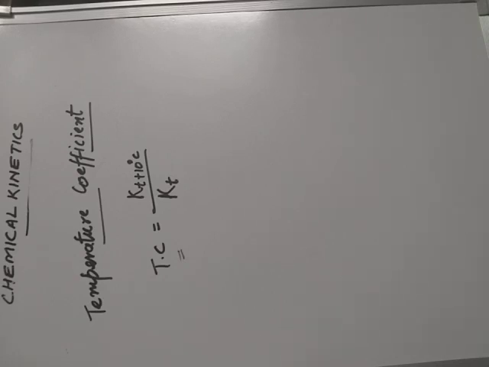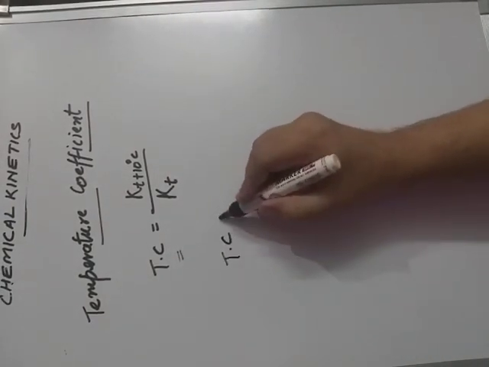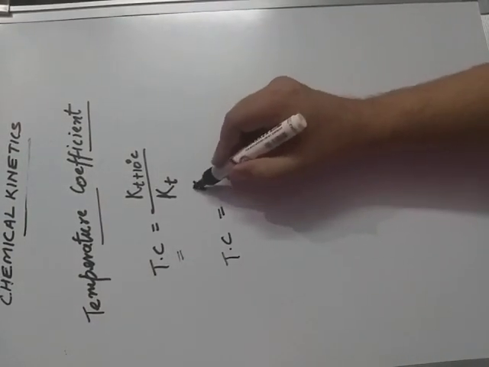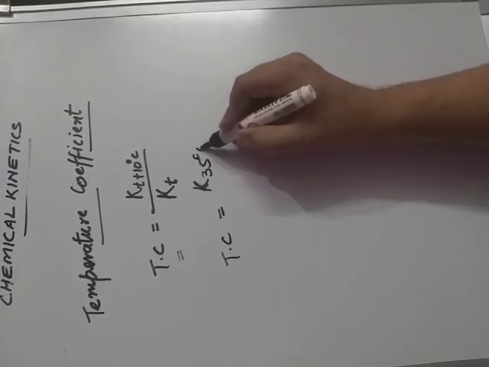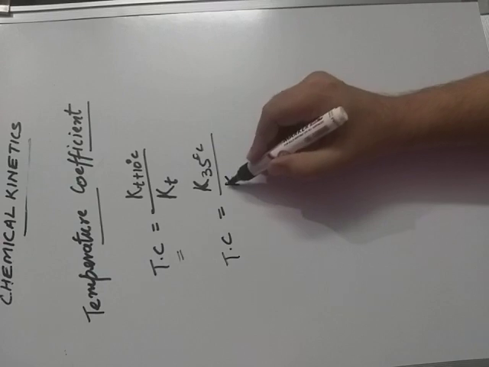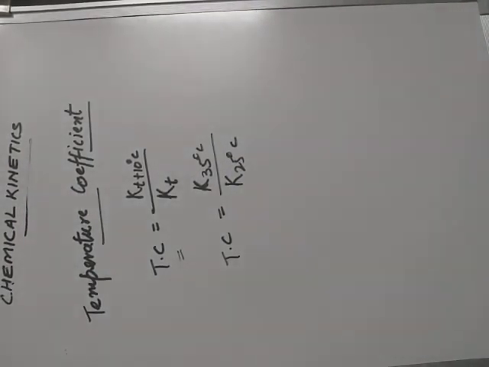For example, the temperature coefficient is the ratio of the rate constant at 35 degrees Celsius and the rate constant for the same reaction at 25 degrees Celsius. So here you have learned that temperature is the only factor that affects both the rate of reaction as well as the rate constant. No other factor affects both.